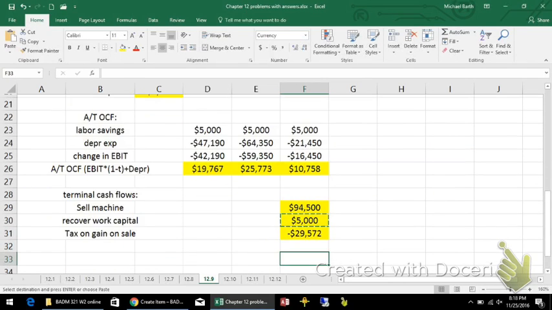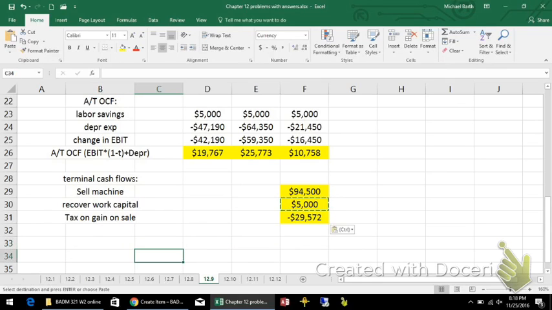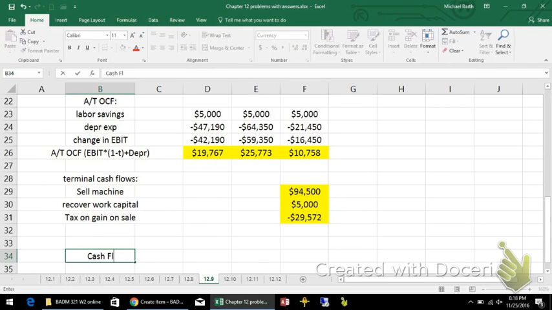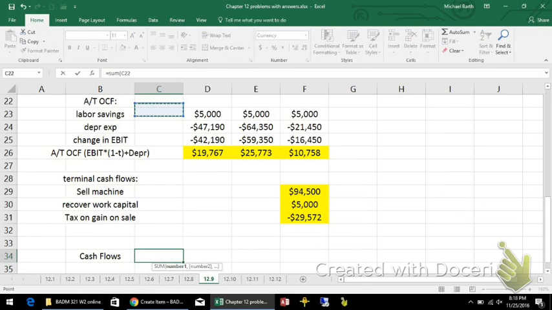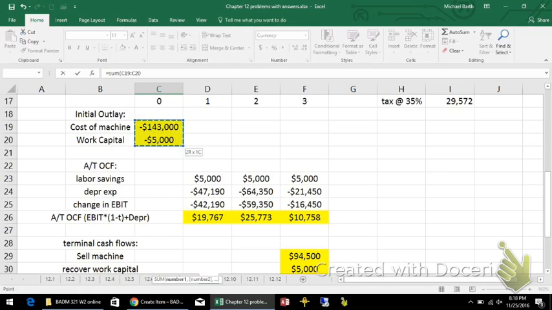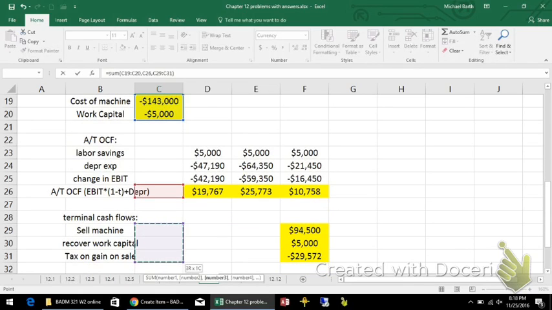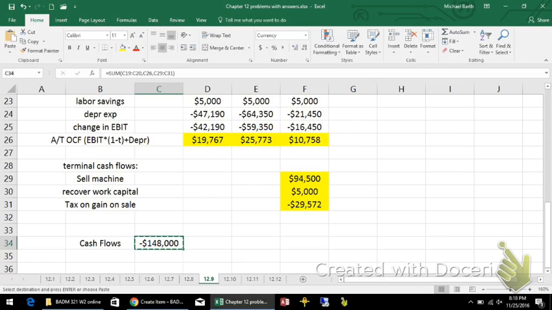So now I've got all my cash flows together. Cash flows, and then I add up everything in here that I've highlighted in yellow. And I just do this all in one fell swoop because I find it's easier and I make fewer mistakes.